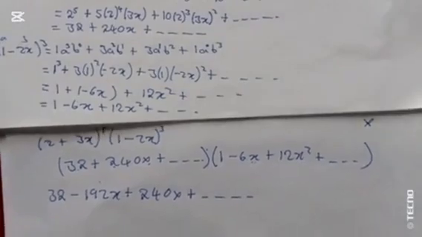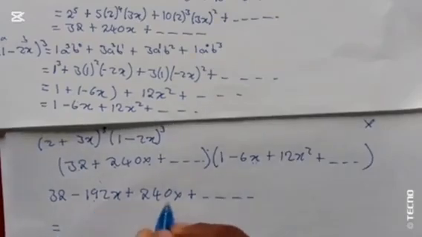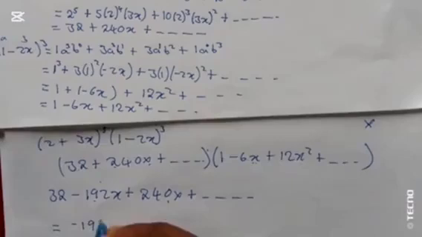Here again, your consideration is just on x to the power 1. So you say it is equal to this and this: pick negative 192x plus 240x. What is your answer?